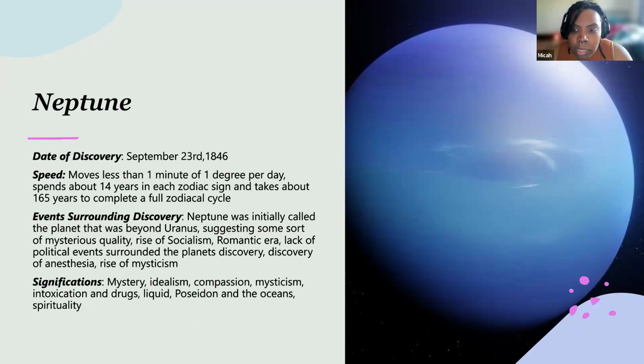So we have some overlay with mysticism that we see in Neptune, and just kind of being a bit more unseen, which we could see as isolated in a way. But it is not the same as the 12th house at all. And so that is Neptune. Any questions about Neptune before we move on to Pluto?